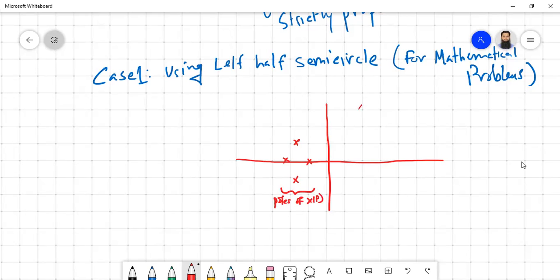And the poles of 1 by 1 minus e to the power minus t(s minus p) are these. So these are actually the poles of 1 by 1 minus e to the power minus t(s minus p).